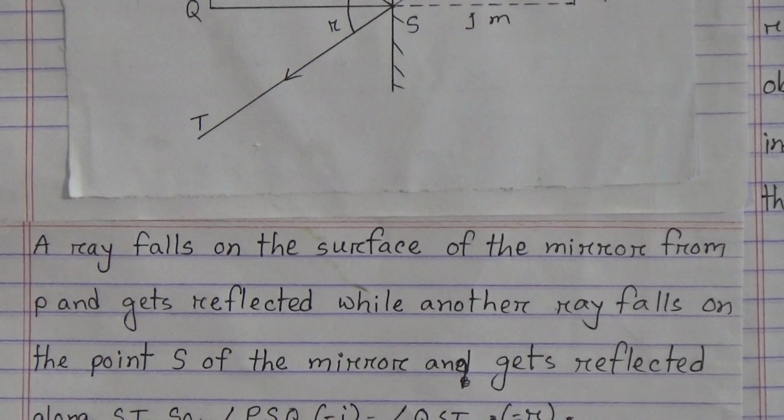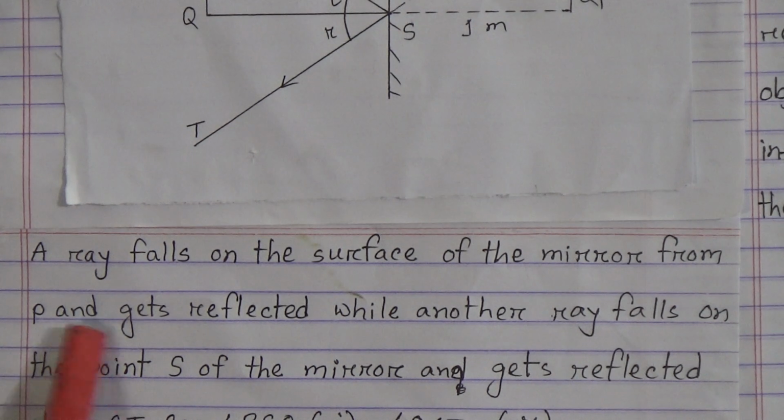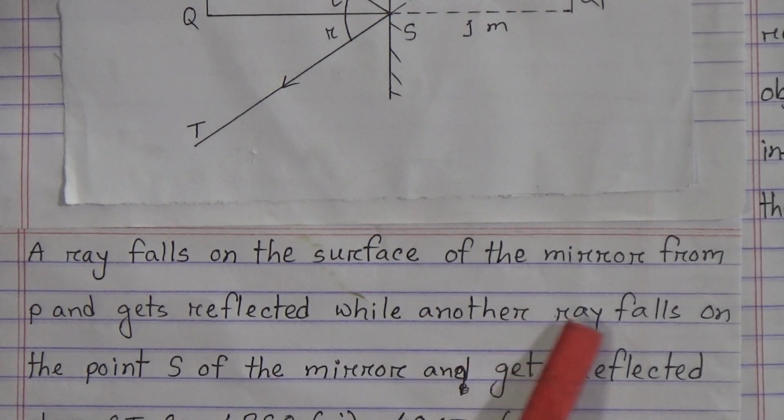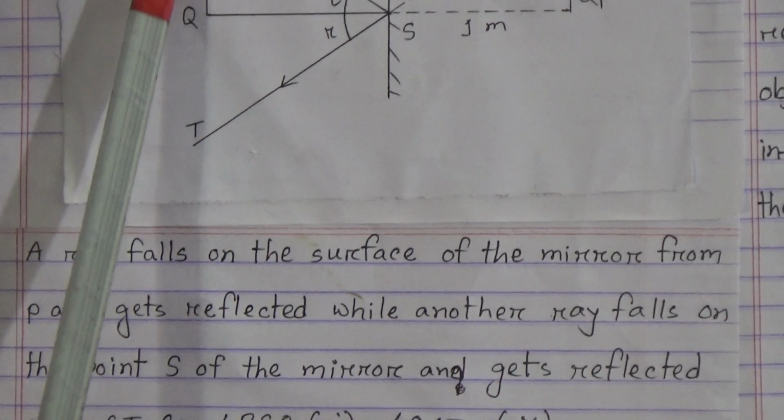Now we will describe this one. A ray falls on the surface of the mirror from P and gets reflected, while another ray falls on point S of the mirror. My dear students, I said this one.